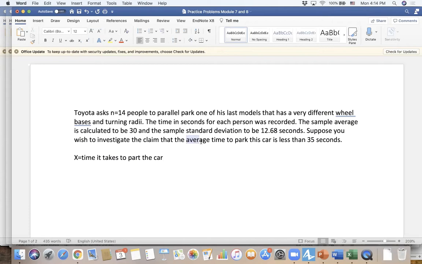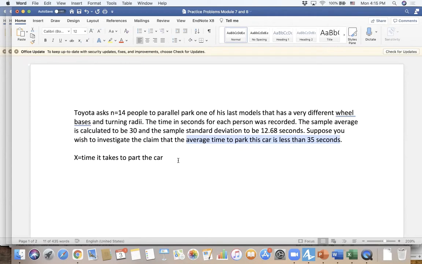Exactly. We want to test if the average time to park is less than this value. So if time to park is a random variable, we want to run a test on the average of this random variable. Average time to park is less than 35.